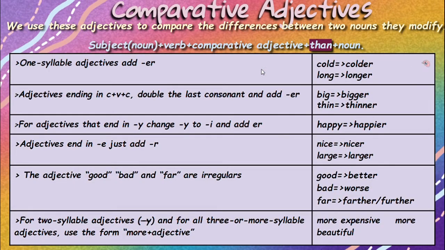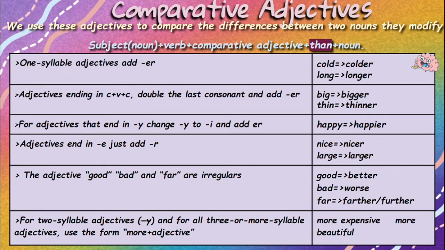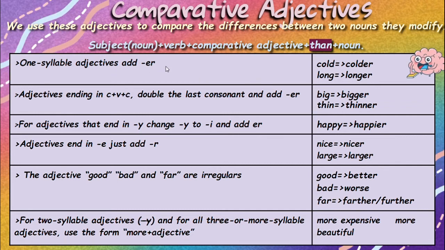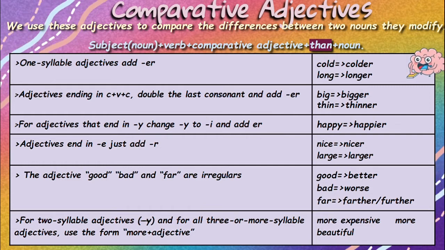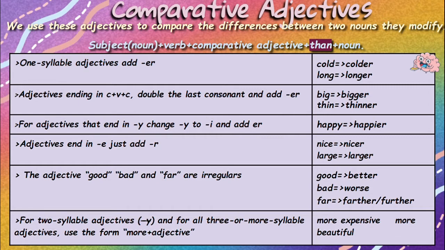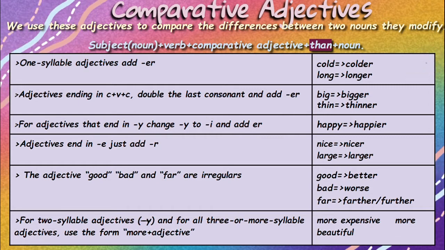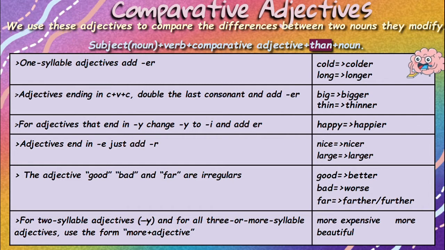And here you have the rules to form comparative adjectives. One-syllable adjectives add er termination. Cold, colder. Long, longer. Adjectives ending in consonant plus vowel plus consonant double the last consonant and add er. Big, bigger. Thin, thinner.